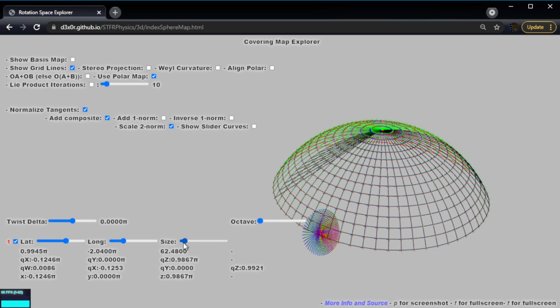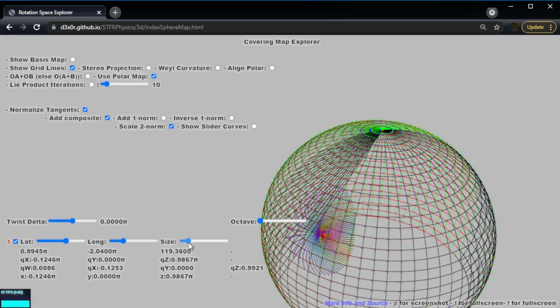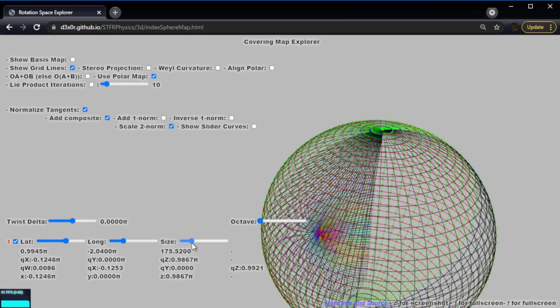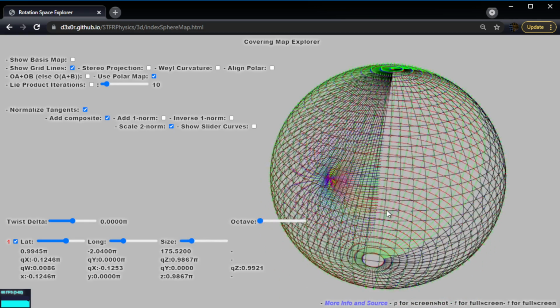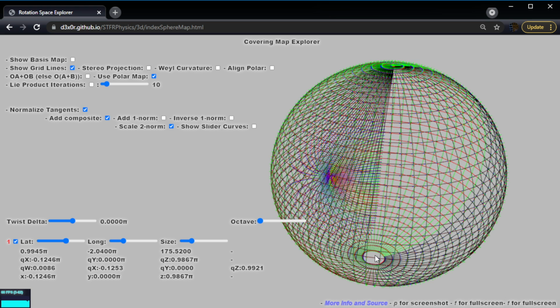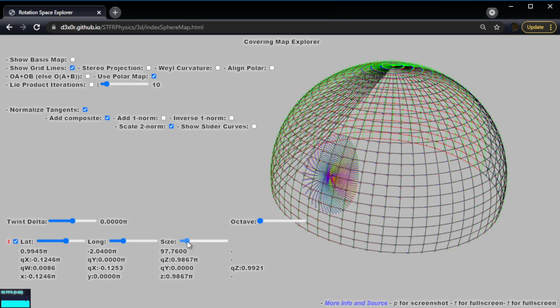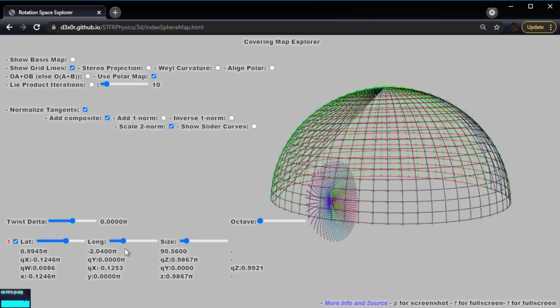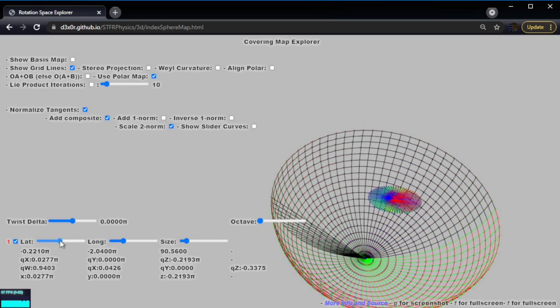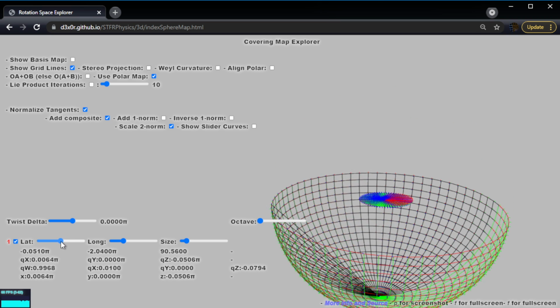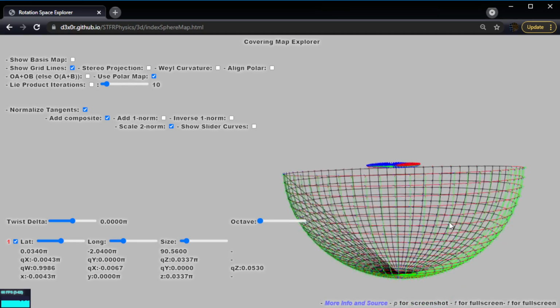along the sphere. So the total r of the graph is what size is here. At 180 degrees, it goes up to the next pole. 90 degrees is the equator. The latitude of this is where the origin starts.